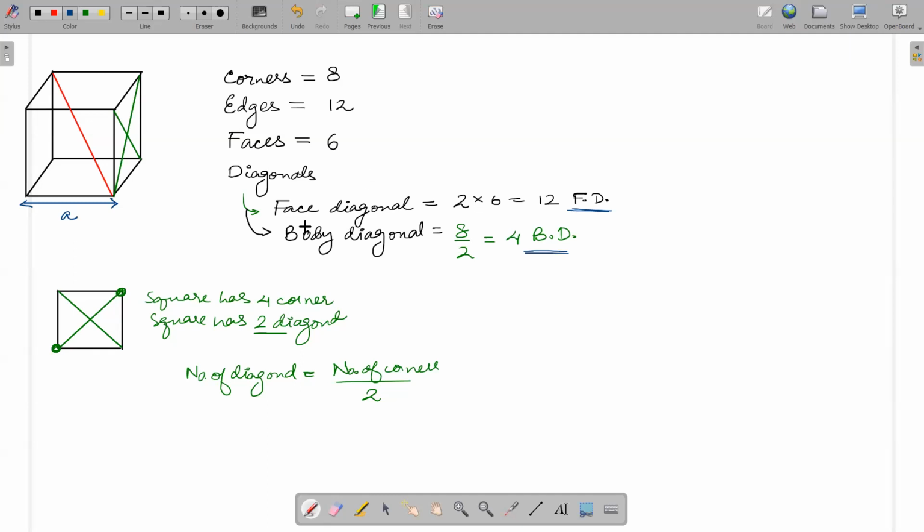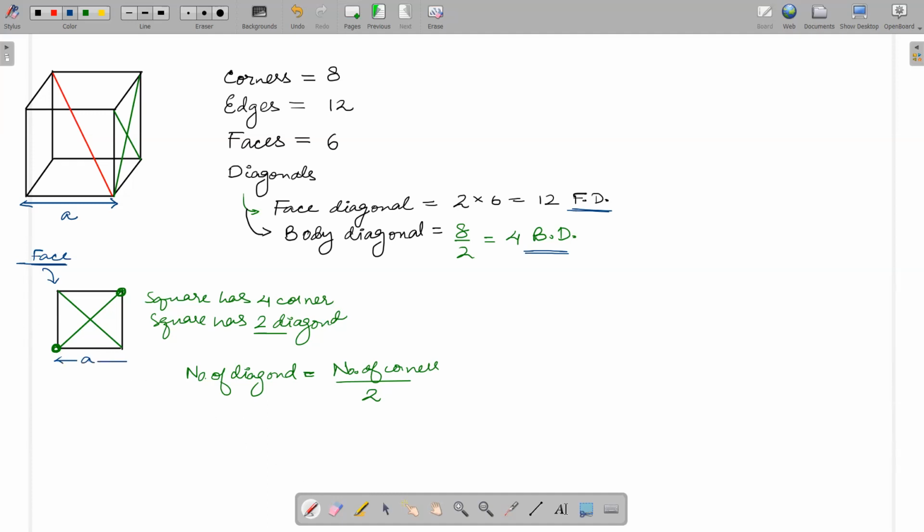Abir, let us calculate what the face diagonal is in terms of A. So I have made this, this can be a face, right? I have taken it out from the cube. This is a face, correct?